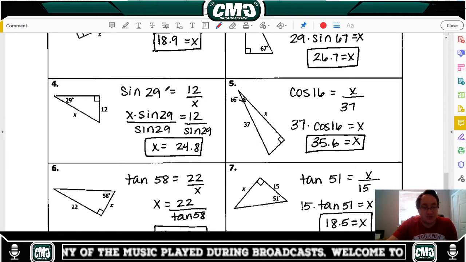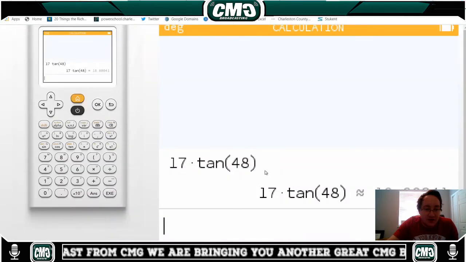So just switch those real quick there, and I will show you what we've got for this in terms of what we have on our calculator and what that should look like. For this one, notice we did 17 times that sine.